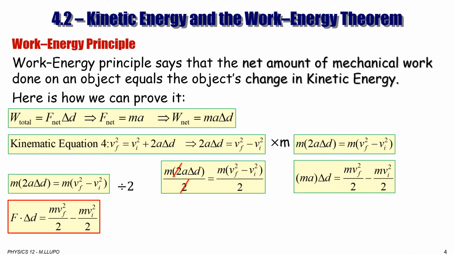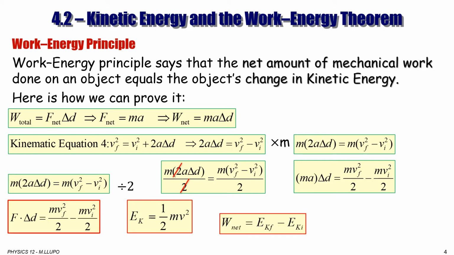However, we can just look for more. Kinetic energy, from that definition, from the formula, is a half of m v square. And if you replace m V final square divided by 2 with E_k final, so final kinetic energy, and m V initial square divided by 2 with initial kinetic energy, we get something like W net is equal to final kinetic energy minus initial kinetic energy.